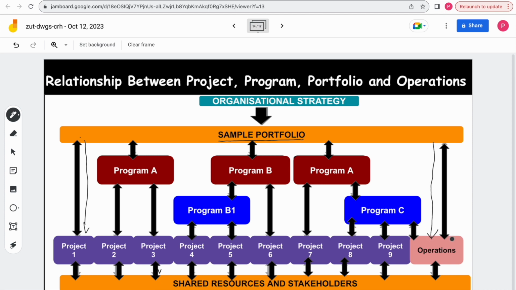Okay, so operations is basically managed by the operation portfolio. Then if you talk about program, under every program you have project. Okay, and it is not necessary that project is always under program, and all these have shared resources and stakeholders which the portfolio manager has to manage.